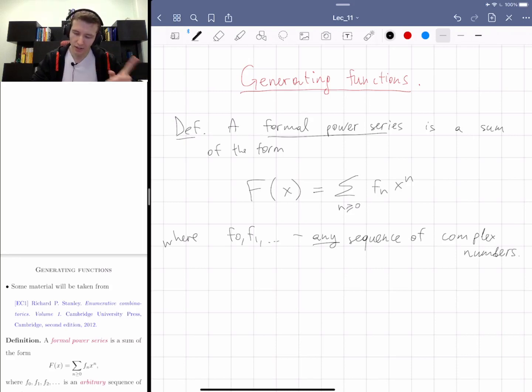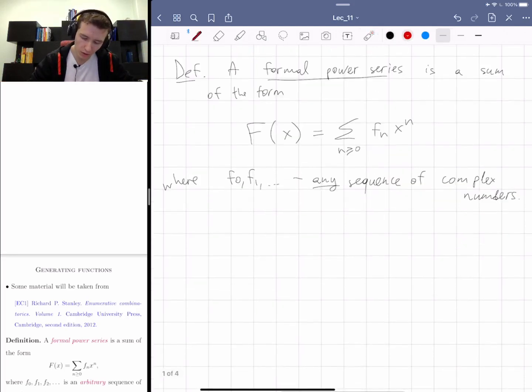That's already an important distinction. In calculus, you learn that the series has to be convergent, otherwise it's not well defined. But for us, we do not care about convergence at all.